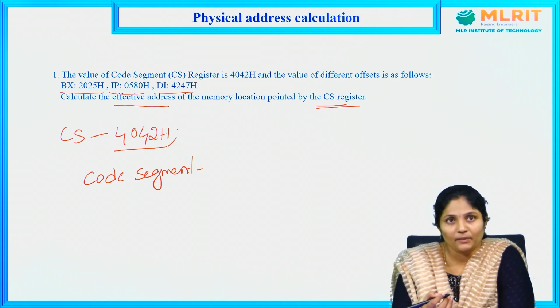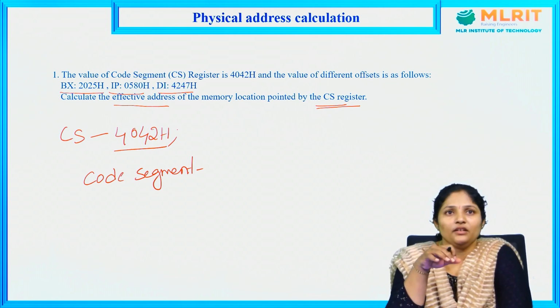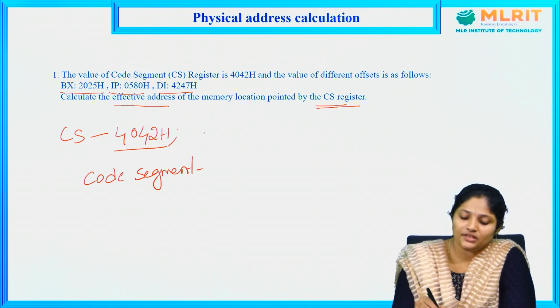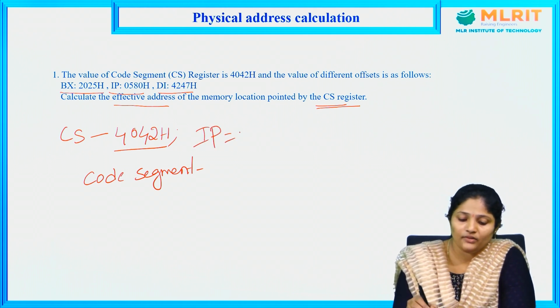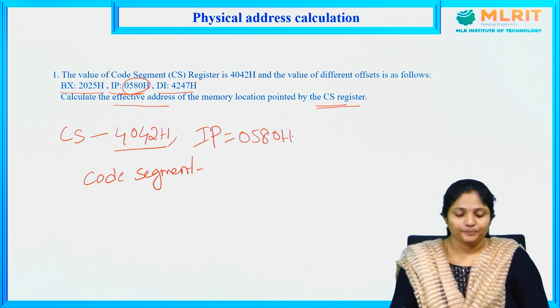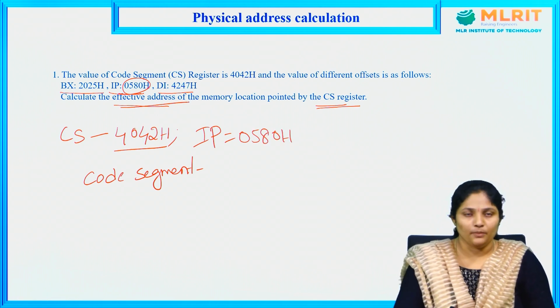To calculate the memory address, along with the segment address, you need the offset address also. For the code segment, which register holds the offset address? As I previously said, it is IP. They have already given the value of IP here, 0580H.